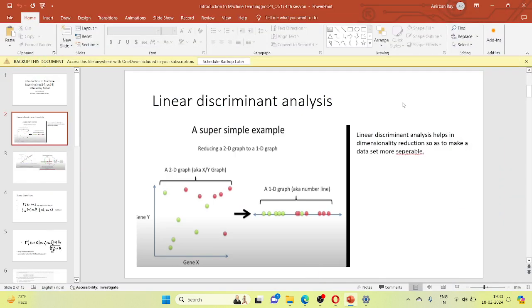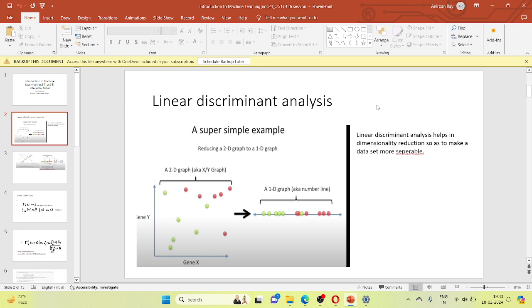So the idea of the linear discriminant analysis is that it helps in reducing the dimension of the data, and also makes the data more separable. This is an example I have come up with, in which a person has a disease.